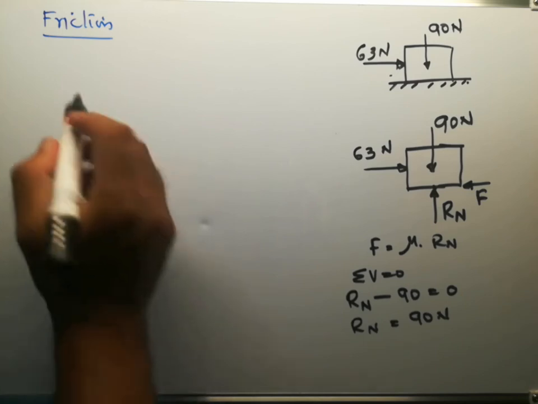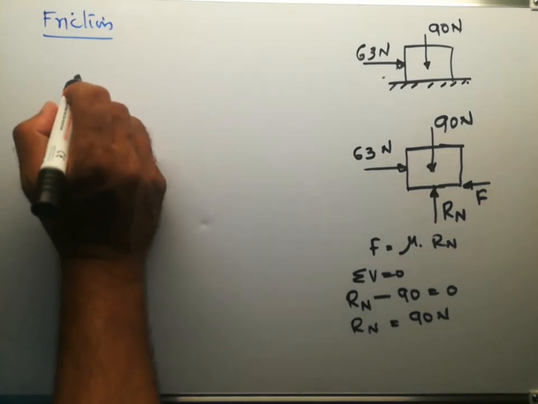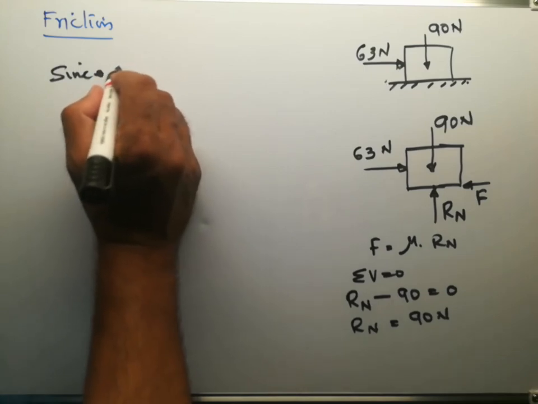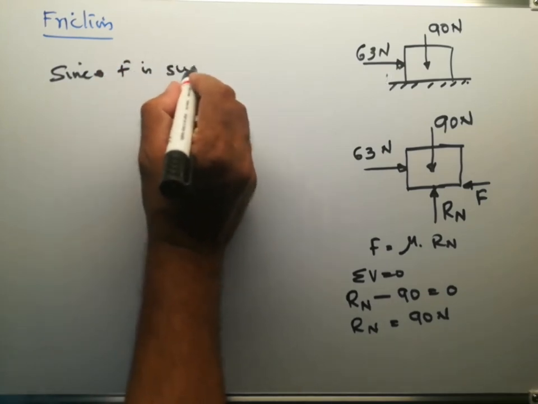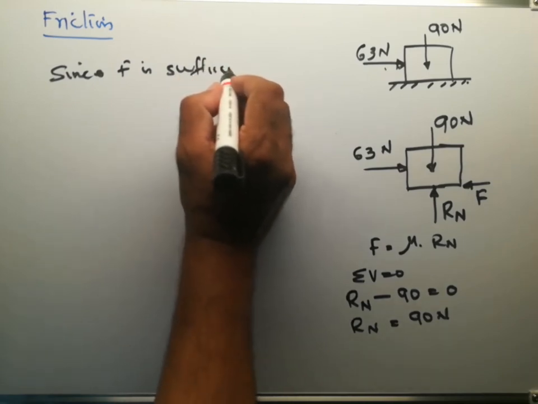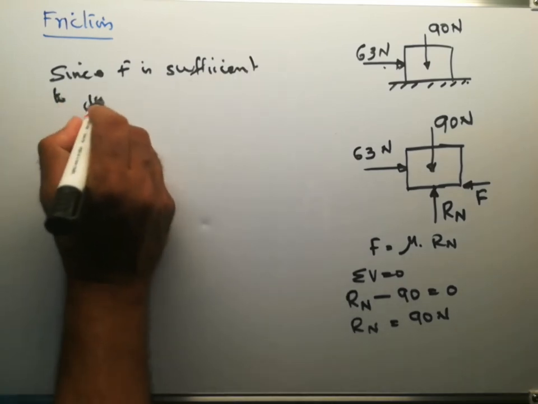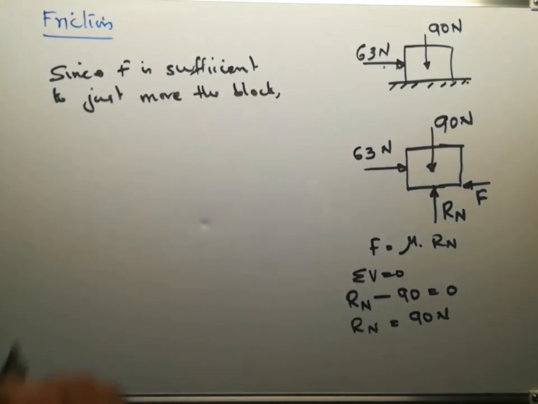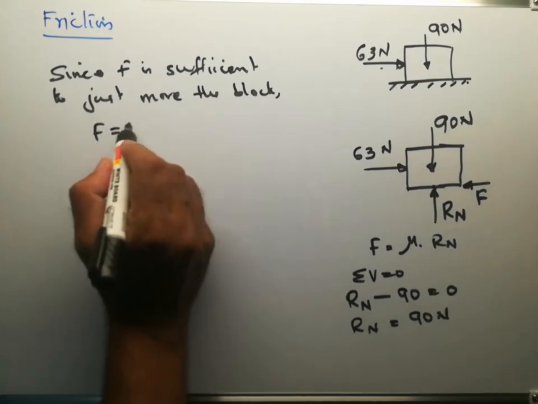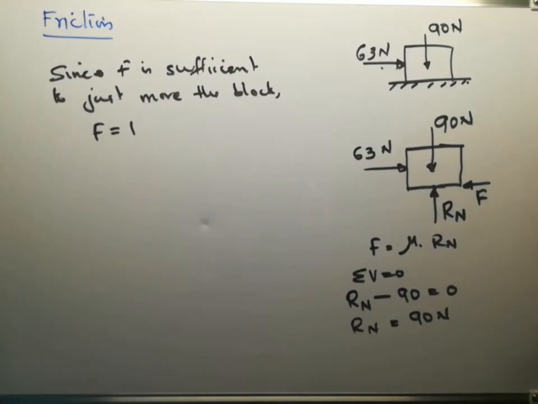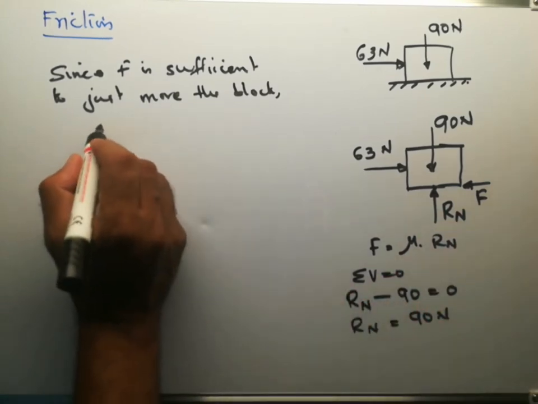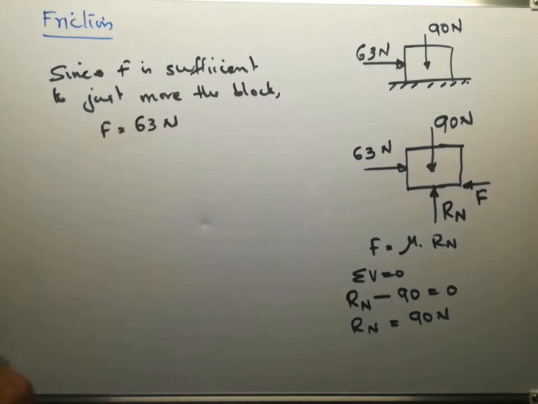That is, F equal to 63 Newton, since F is sufficient to just move the block. That means 63 equal to mu into Rn.